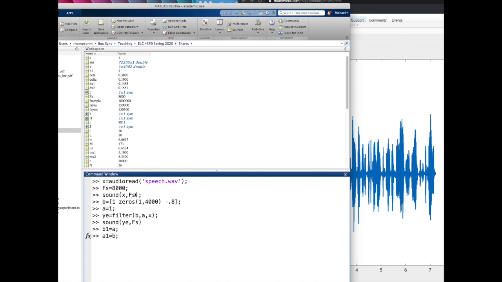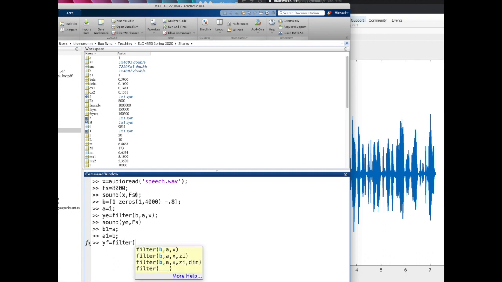So we just interchange the roles, and I'm going to come up with Y filtered, and that's going to be filter of B1, A1, and YE.